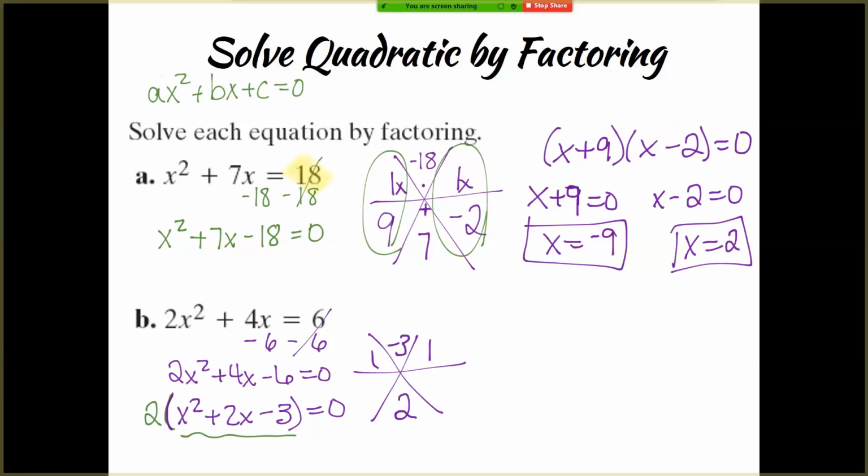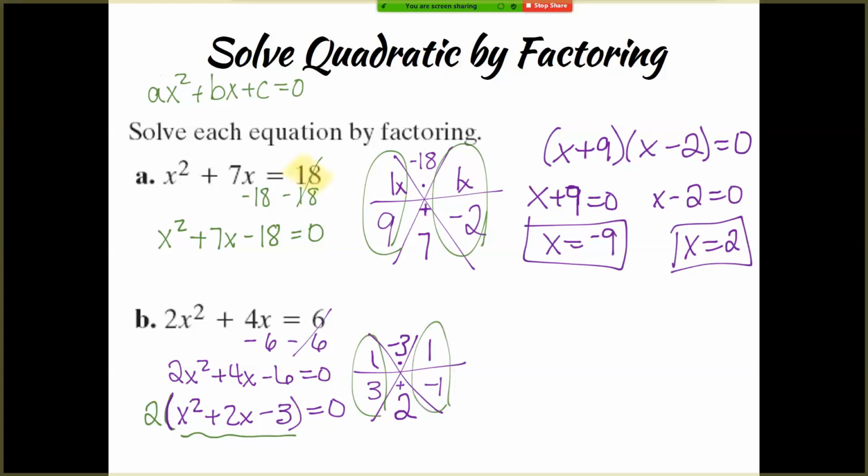Again, we're ignoring that 2, that greatest common factor that we factored out. B goes in the bottom middle, so 2 goes in the bottom middle, and then top middle, 1 times negative 3, which is negative 3. Then we're looking for 2 numbers that multiply to give you the top number, but add to give you the bottom. Yep, 3 and negative 1.